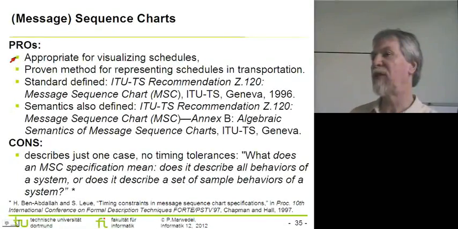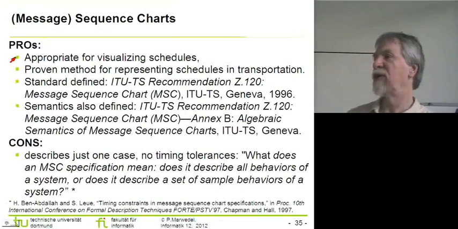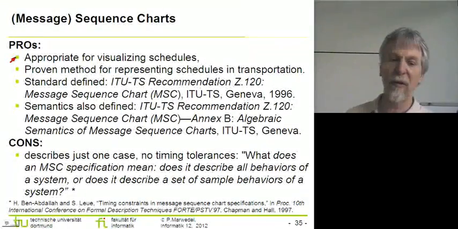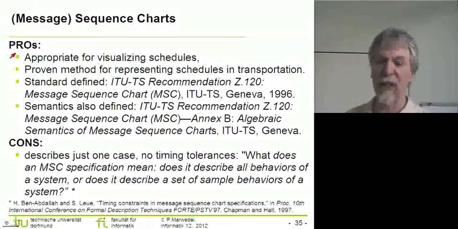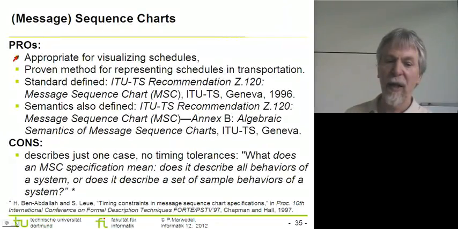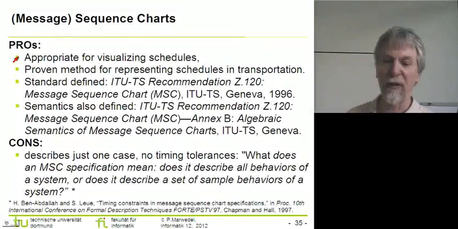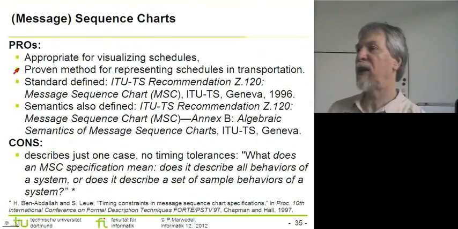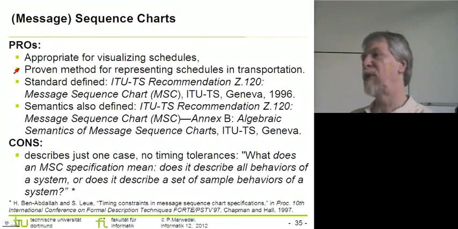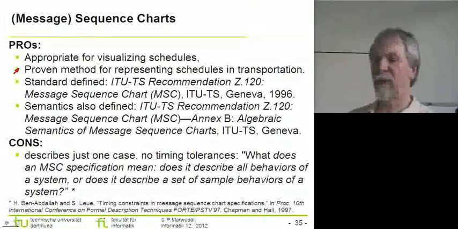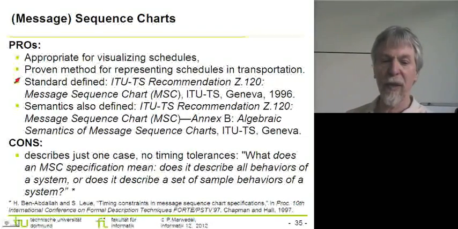Let's summarize the use of sequence charts by looking at reasons of using these sequence charts, and let's also look at the reasons against these sequence charts. I think these sequence charts are very appropriate for visualizing schedules. We have seen that the variant called time distance charts is used for representing schedules and transportation systems for decades. It's very useful there.